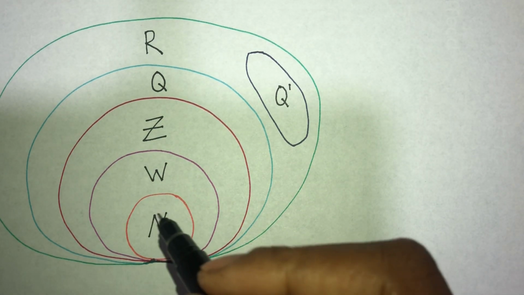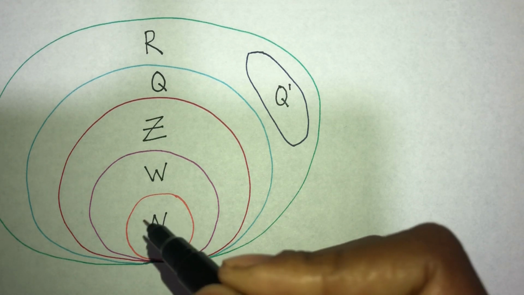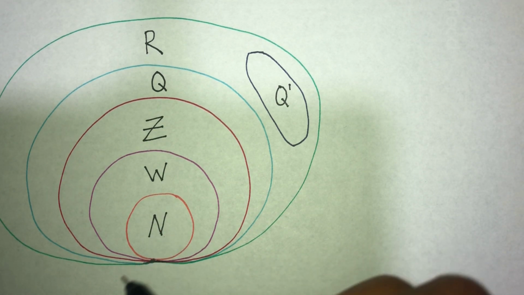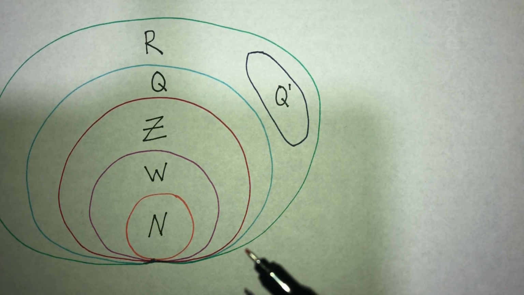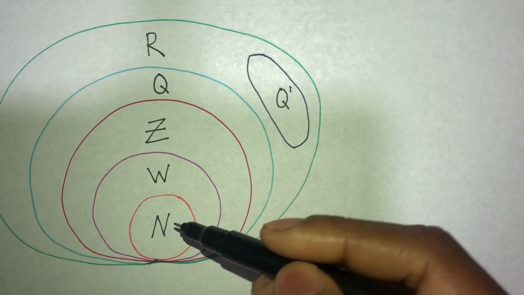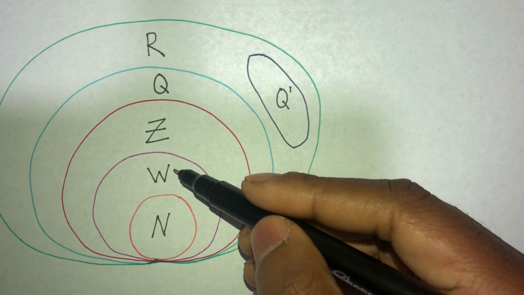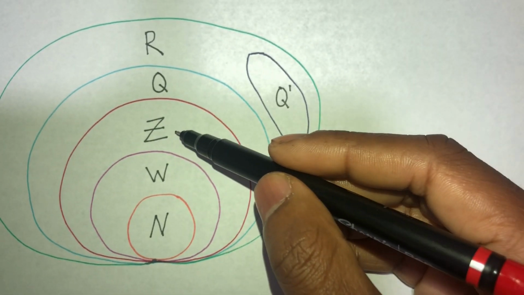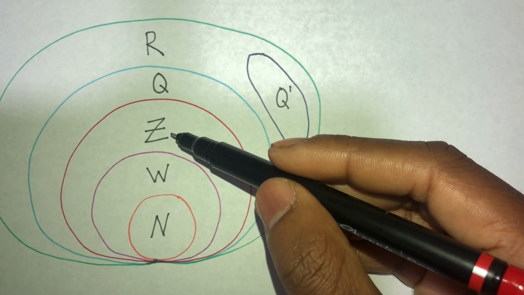So let's take, for example, the number 2. 2 is a natural number. 2 is also a whole number. 2 is also an integer.